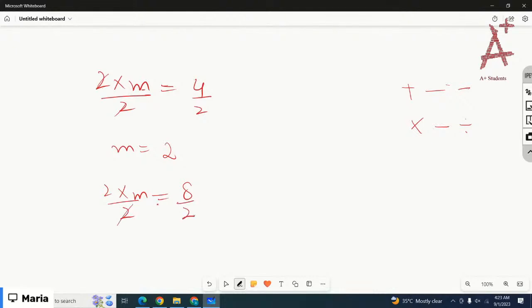You have to divide both sides by 2, right? 2 and 2 cancel out and you are left with m equals. 2 times what number is 8? 2 times 4 is 8, so m equals 4.